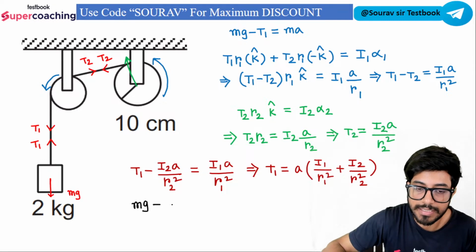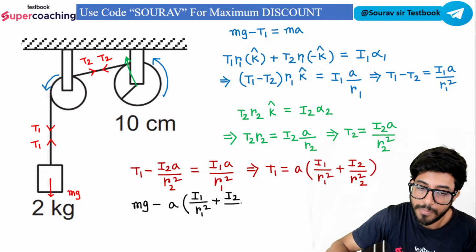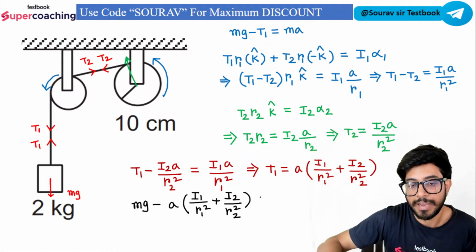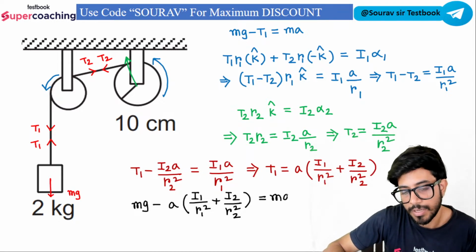mg minus T1, that is a into I1 by R1 square plus I2 by R2 square. So mg minus T1 is equal to m into a.